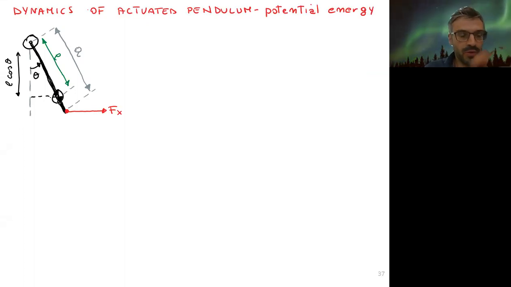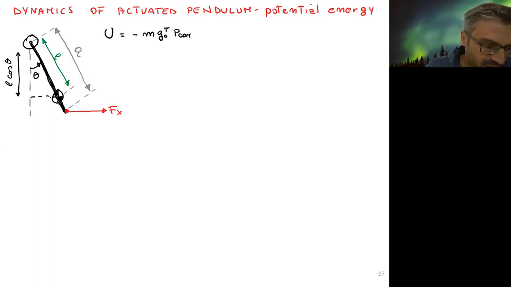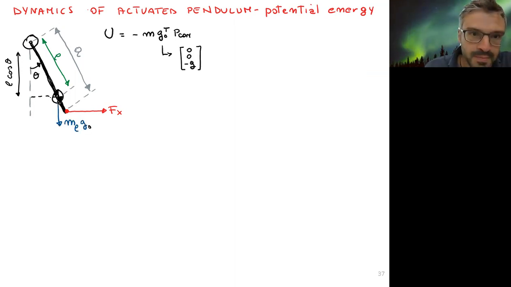Now, we see the same picture from the side, and we see that the gravity is applied here. We refer everything with respect to the inertial frame aligned with these two axes. And we want to compute the potential energy. So we project the center of mass position onto the gravity direction, considering the vertical component of the center of mass.